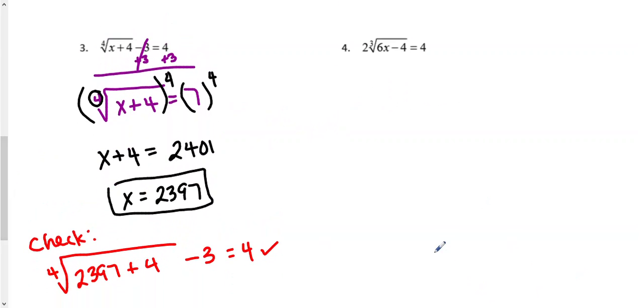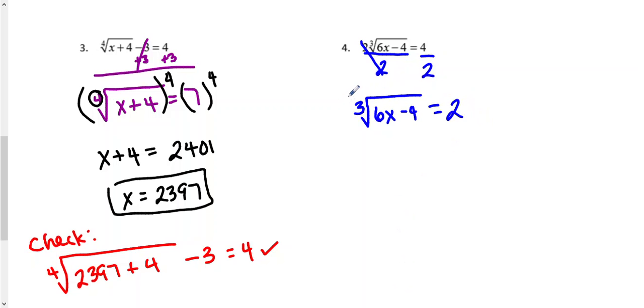Okay, and with number 4. Again, we need to get our root sign by itself, so it's 2 times the cube root. To get rid of that, we're going to divide. Now remember, our root is a barrier, so this only gets rid of the outside. So I'm still left with the cube root of 6x minus 4 equals 2.